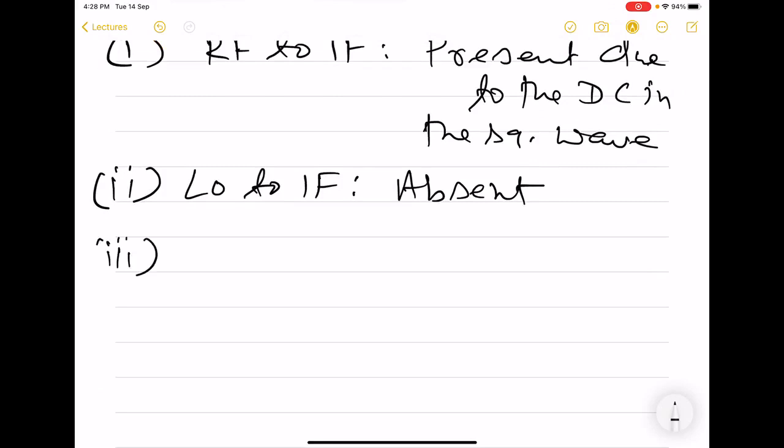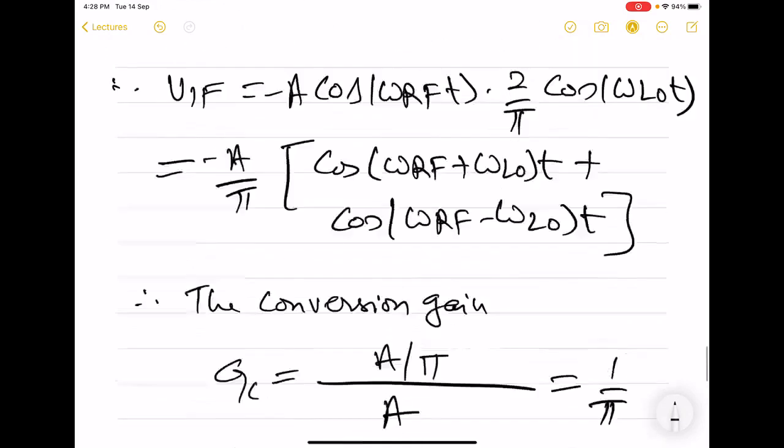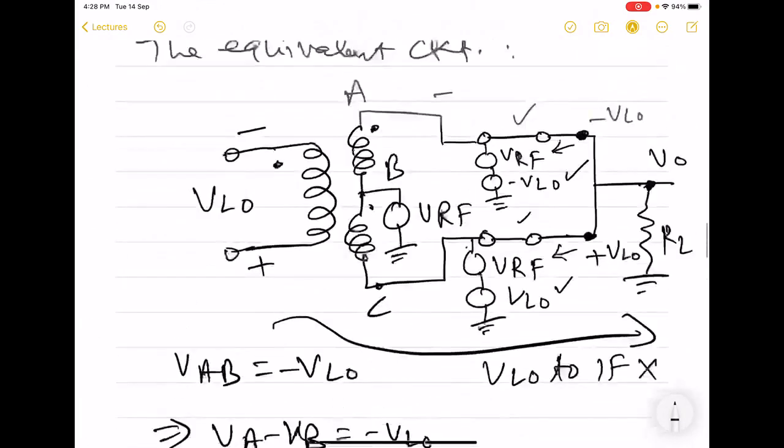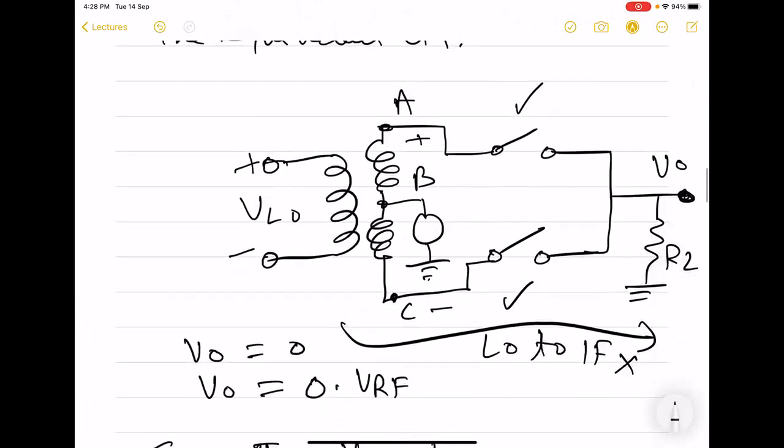Now, what about LO to RF? For that, once again, we will visit the two cases.